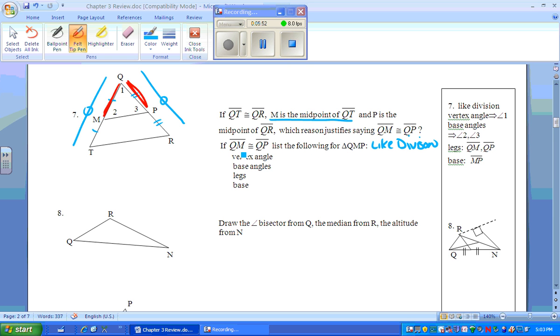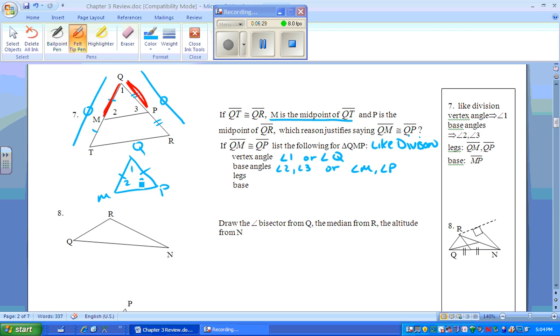The next question says if these two are congruent, so let me redraw this triangle. I got Q, M, P, 1, 2, 3. What is the vertex angle? These two are the congruent pieces. Well, the vertex angle is the angle between the two congruent pieces, so the vertex angle would be angle 1, or naming it, angle Q. The base angles are the two across from the congruent sides, so that would be angle 2 and angle 3, or angle M and angle P. You decide.